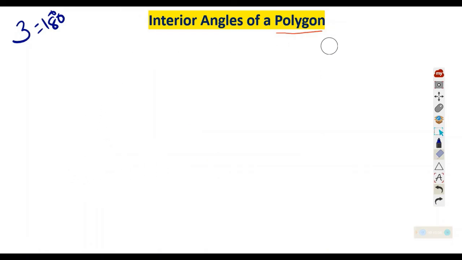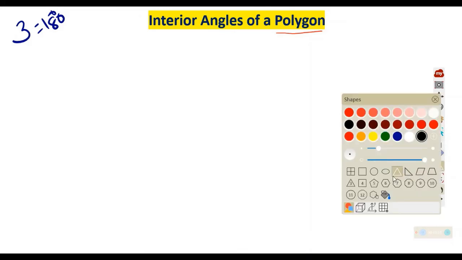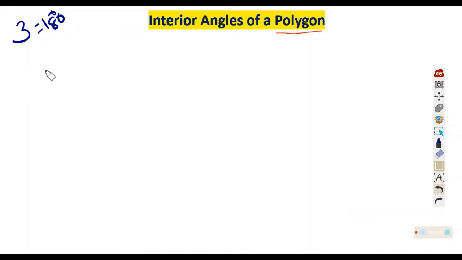That is a four-sided figure. Suppose this is the four-sided figure I am taking. Now we have to measure the angle. You know that it is 90 degrees each angle.